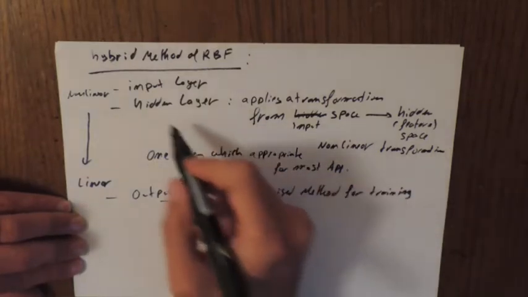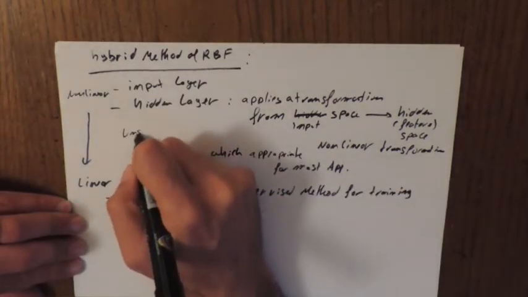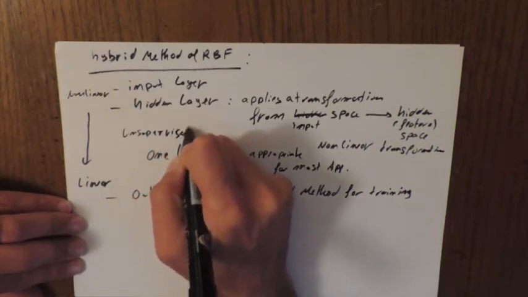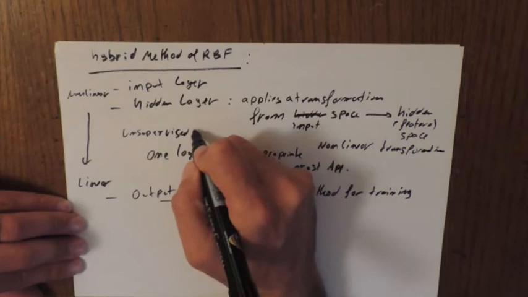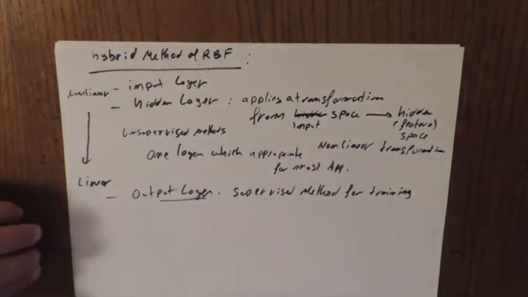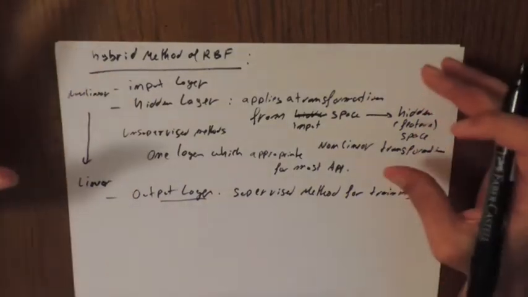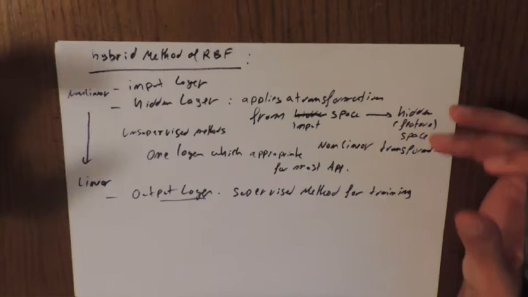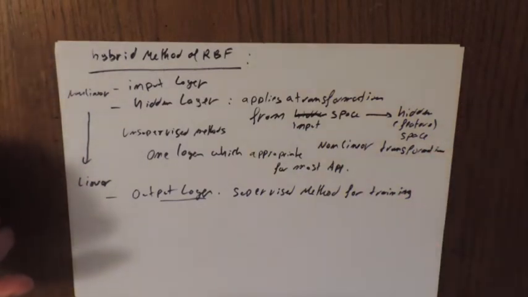Of course, in the hidden layer we have unsupervised methods employed. So the hybrid method is we have an unsupervised method for the transformation from the non-linear to the linear. Once we are at the linear stage, we can apply the supervised methods for training.